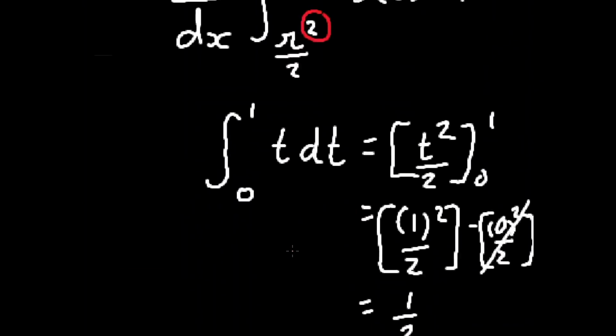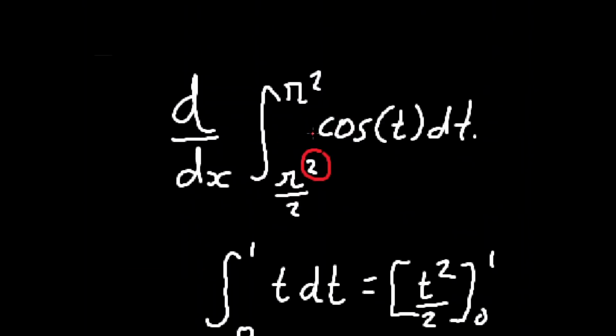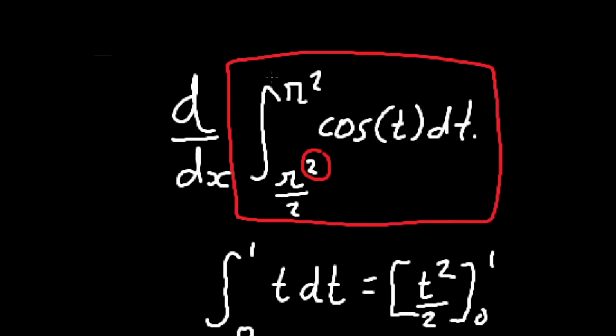Now, if we look really closely at the beginning one, we see that pi is just like any other number, any other constant. It's just 3.14. So hopefully you can see that this will be equal to a constant. This whole thing here in red is going to be equal to some number, some constant.